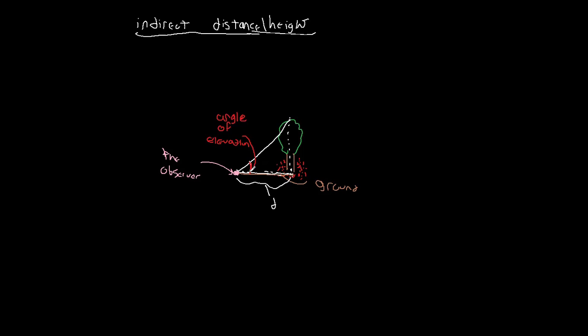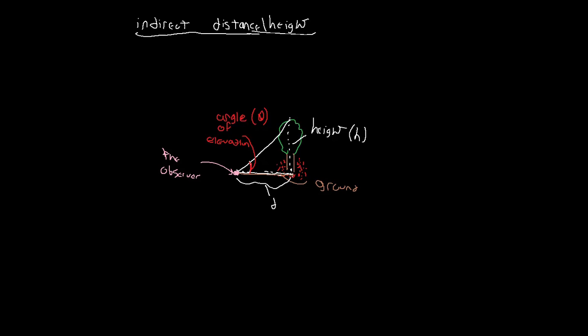Given this angle of elevation and the side length d, which we know, we're going to call this height right here, which again, this dotted line, is the height of the object we want. We can call that h. I'm going to call this angle of elevation theta, because theta is a great variable for an angle. And this distance from the object to the observer, we're going to call d.